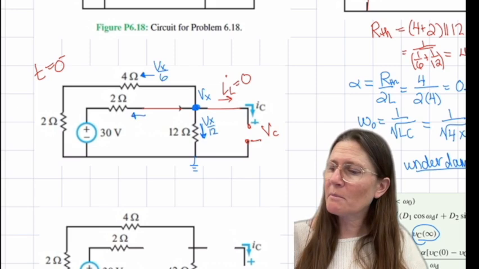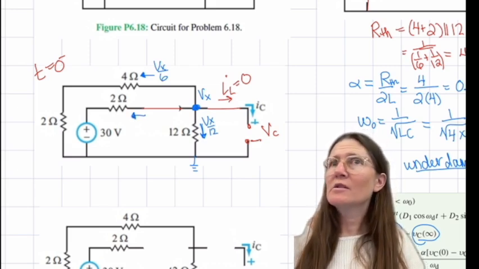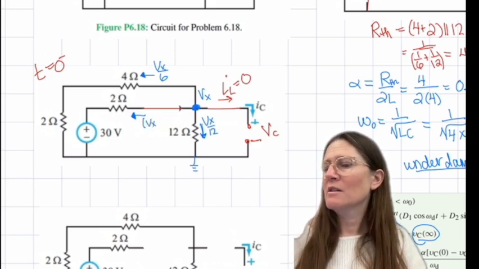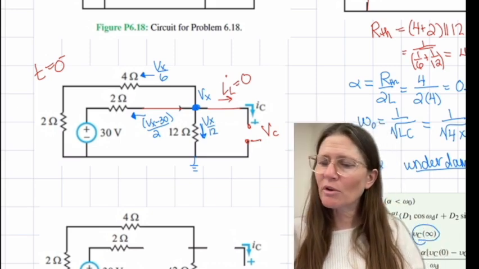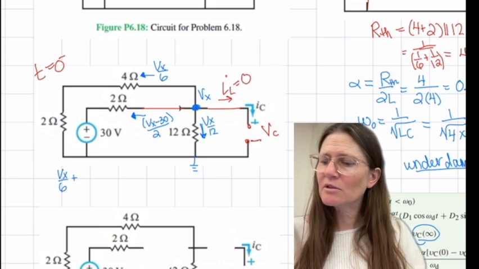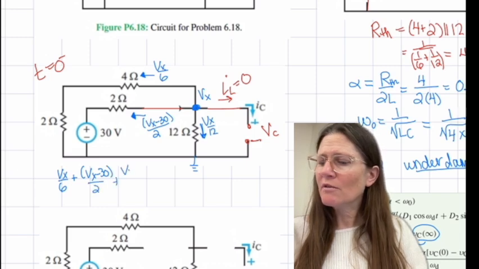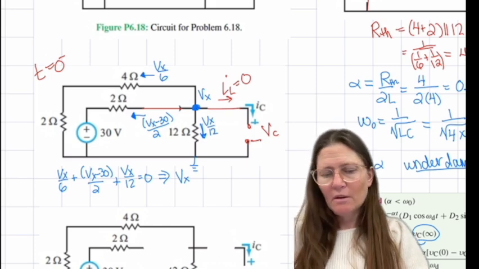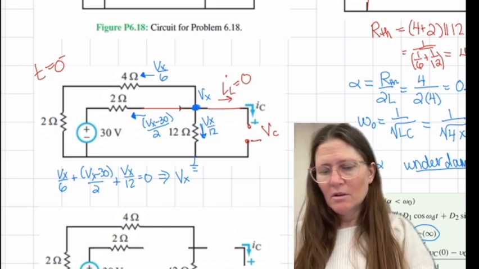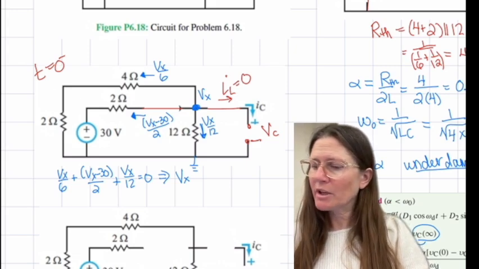What about this current? Correct, Vx minus 30 over 2. And then we can do a current summation of those. So Vx over 6 goes out, Vx minus 30 over 2 goes out, and Vx over 12 goes out. And then we can solve this for Vx. And that ends up being 20.